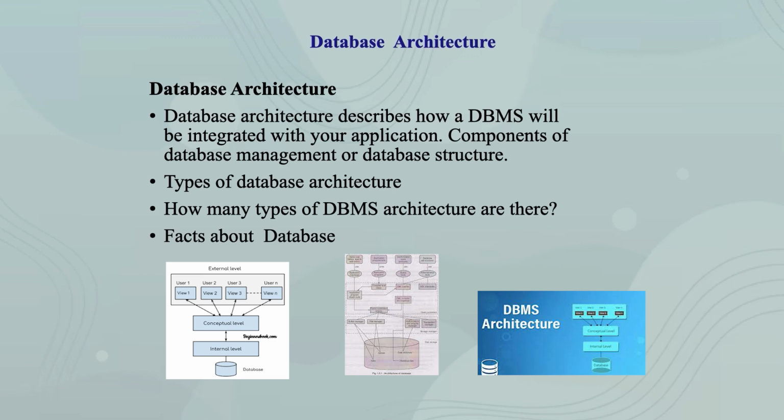Then facts about the databases. Databases have evolved dramatically since their inception in the early 1960s, and some navigational databases such as hierarchical databases and network databases were the original systems used to store and manipulate data, although these systems are now largely obsolete. In the early 1980s, relational databases became very popular, followed by object-oriented databases later on.